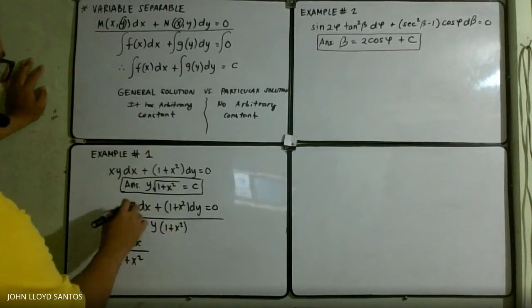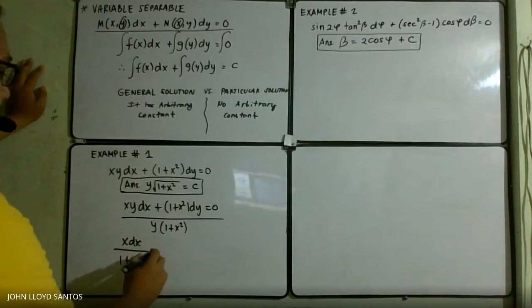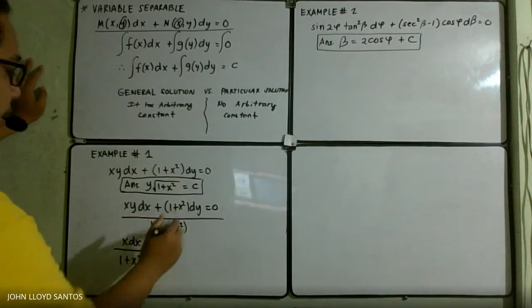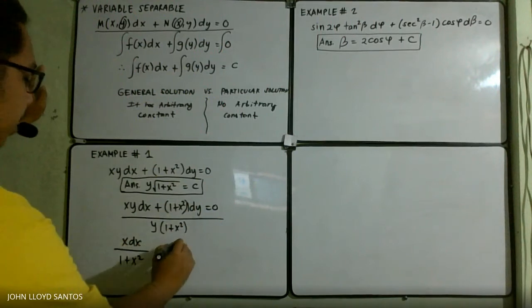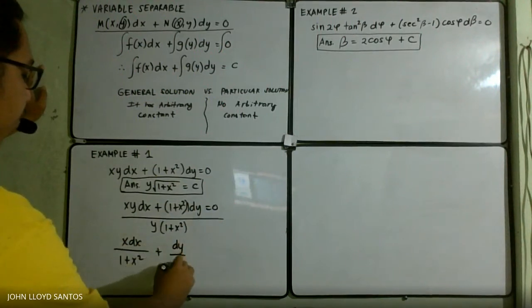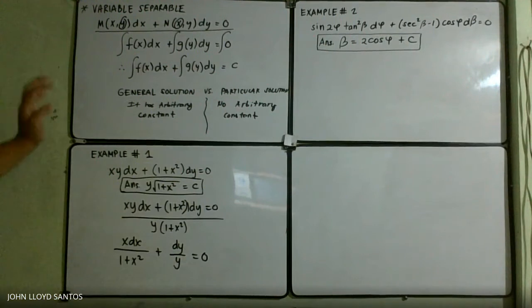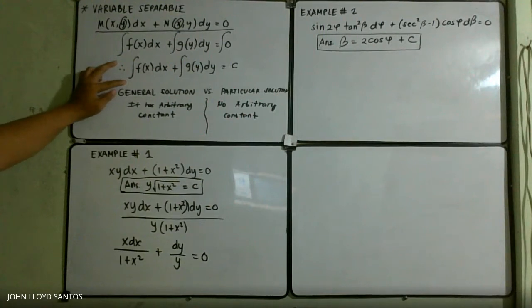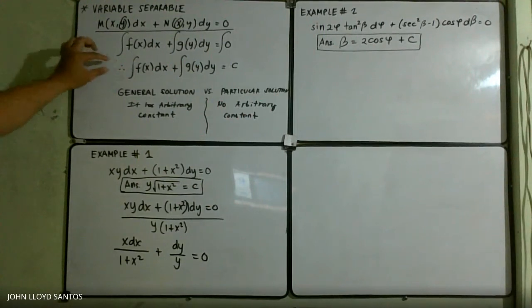Cancel na po yung ating y dito. So matitira yung 1 plus x squared. And then plus, you can see, maka-cancel po yung ating 1 plus x squared. Matitira is dy over y is equal to 0. So makita natin, nasunod natin yung general solution or steps for solving the variable separable.